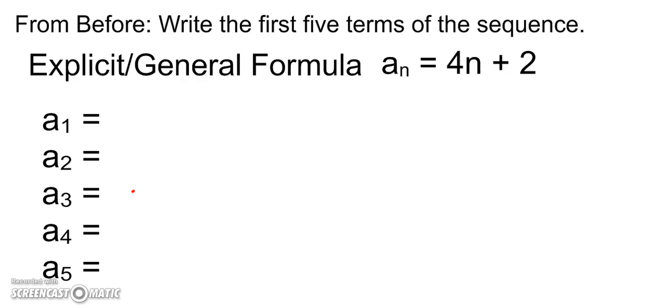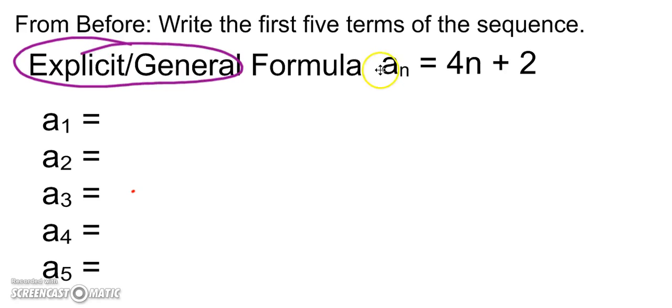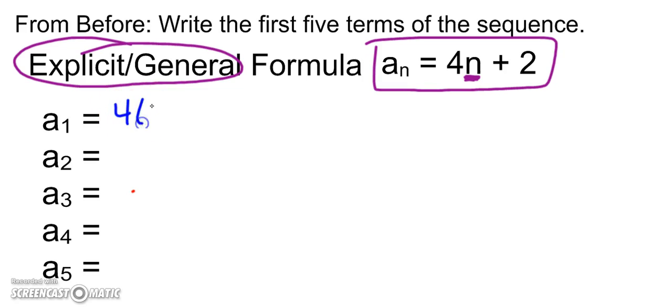So, just a refresher from before, if we're talking about an explicit formula, that's where we're given a sub n equals something that is dependent on n. And we evaluate these things just like we would with a function, plugging in an x value. So a sub 1 is going to be equal to 4 times 1 plus 2, which is 6.